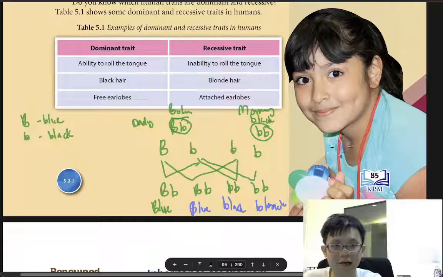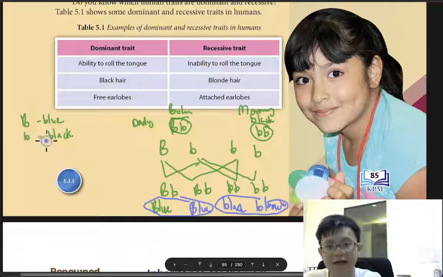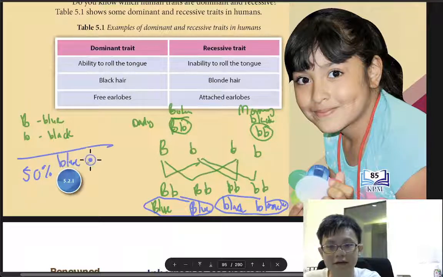So the baby comes out, you will have 50% blue eye, 50% black eye. So the chances are your baby comes out 50% blue eye, 50% black eye.